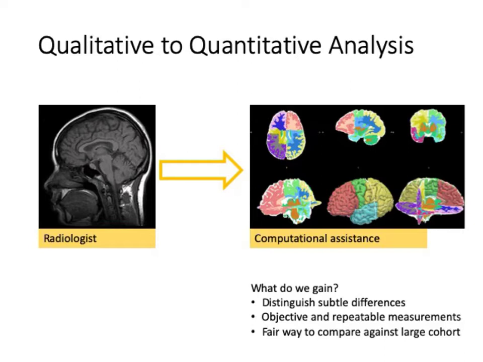And so they thought about it and found that if computational tools were able to measure and estimate subtle differences in the structure, such as the volume, the shape, or the thickness of local brain regions, this would be a new, interesting, and complementary analysis that could not be done by visual inspection alone. And because this would be algorithmically performed, there would be an objective, repeatable, and fair way to make comparisons. So this is the origin of the shift from qualitative to quantitative analysis.